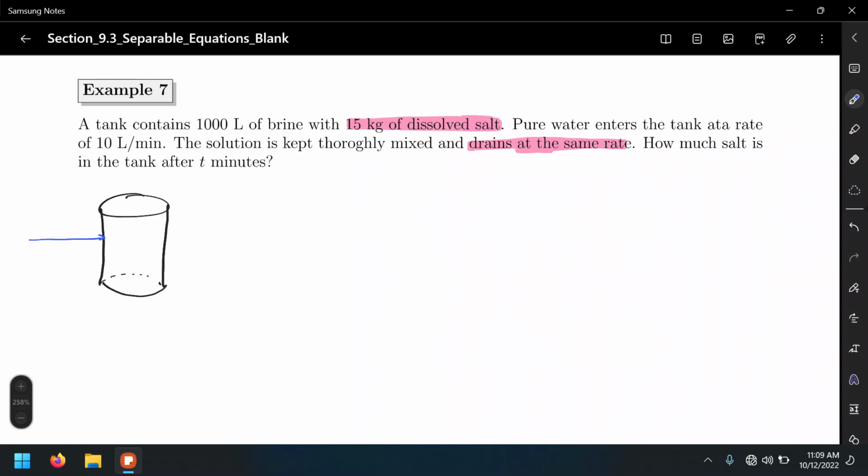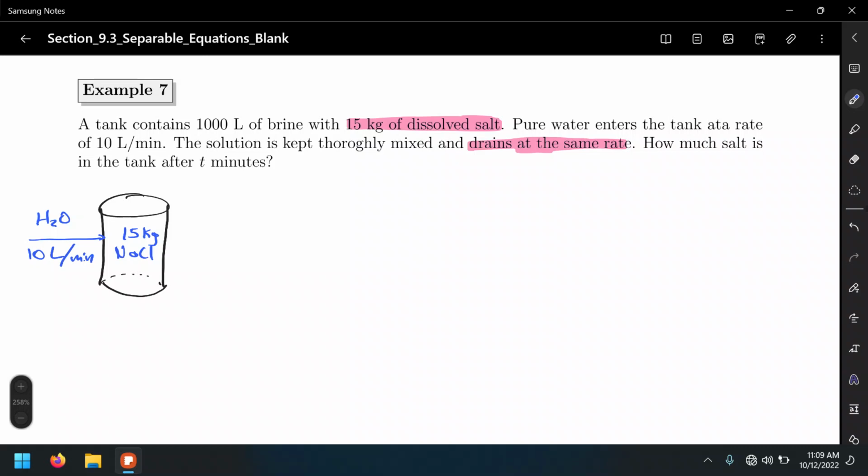Well, initially we have 15 kilograms of salt inside of the tank. And what's coming in? They're telling us that pure water is entering the tank. That is just water at a rate of 10 liters per minute.